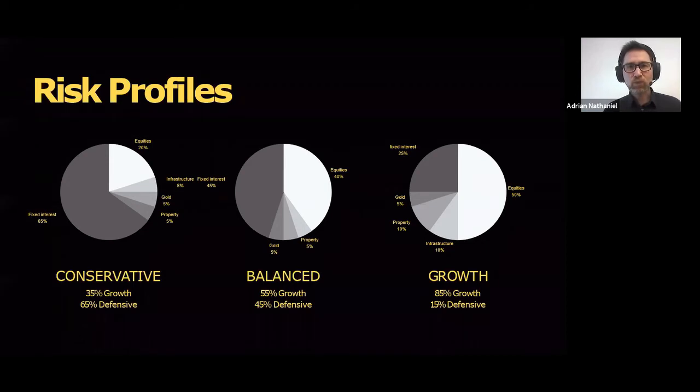Defensive assets are those assets which have a really low correlation to volatility, and they are things like cash or bonds. The other end of the spectrum is growth, where most of the portfolio is in assets that have a higher correlation to volatility, but there's also the higher chance of better returns as well.